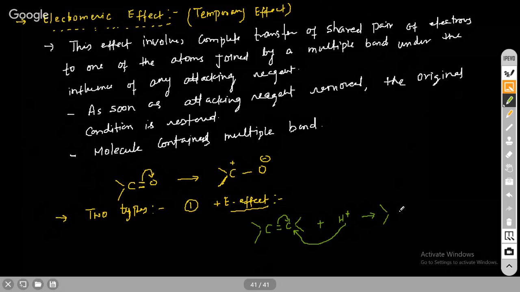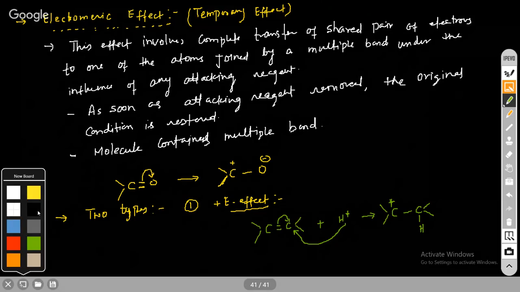The product here will have a positive charge on this carbon because the bond pair shifted towards the other carbon, and this carbon will have one hydrogen. So this effect occurs when the bond pair of electrons shifts towards the carbon atom where the attack is taking place. So this is plus E effect.